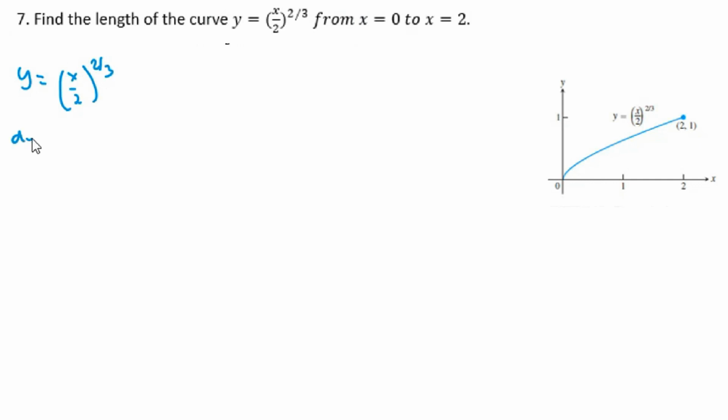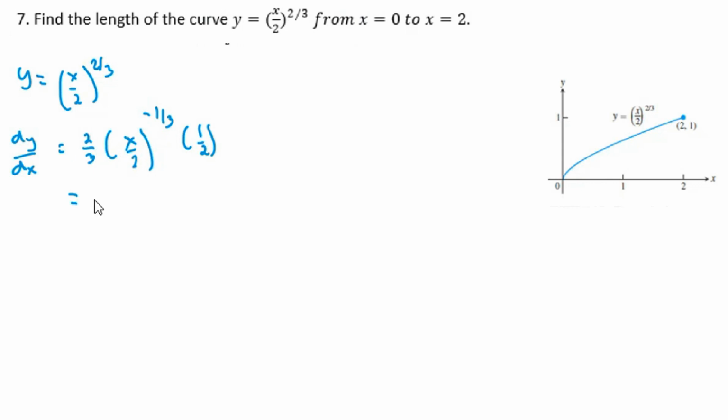So we have dy over dx. Using the power rule, we have 2/3 times x over 2 to the power of negative 1/3, and the derivative of x over 2 is equal to 1/2. Simplifying, we have 2/3 and 1/2, so I can cancel 2.